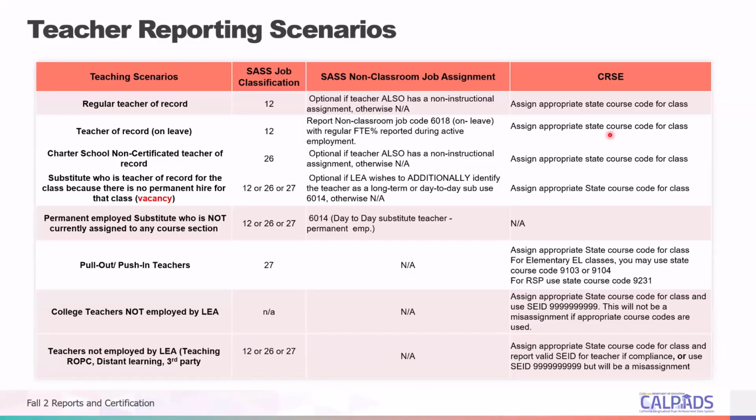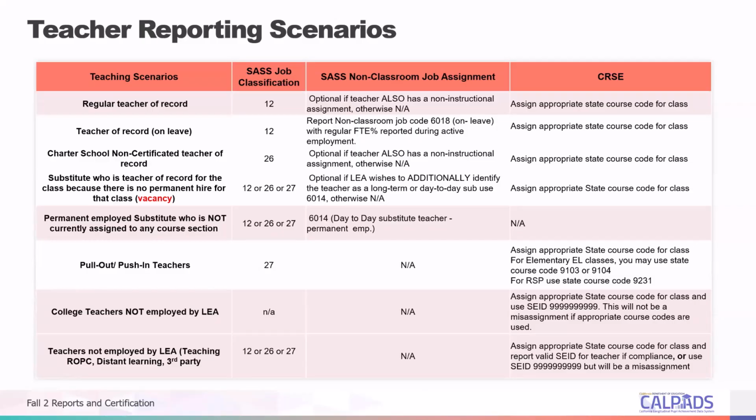So you assign their seat to the class that they were expected to teach on census day, even if they are not present on census day. In addition to that, as I've mentioned earlier, a non-classroom based assignment code 6018 must be reported with their regular FTE to indicate that the teacher is on leave while still maintaining their teacher of record status.